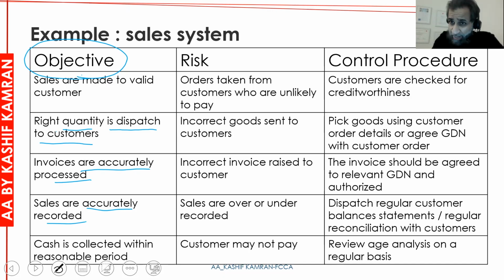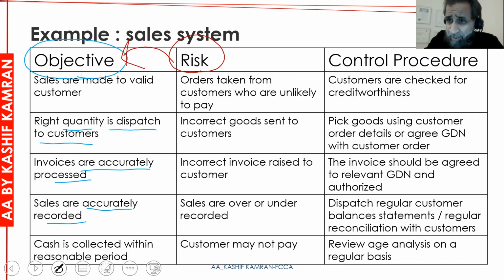Now, when you have objectives, you need to think about what are the risks with these objectives. Try to connect the risk with your objectives. Sales are made to valid customer. What's the risk? Orders taken from customers who are unlikely to pay. I might take orders from customers who are not credit worthy.